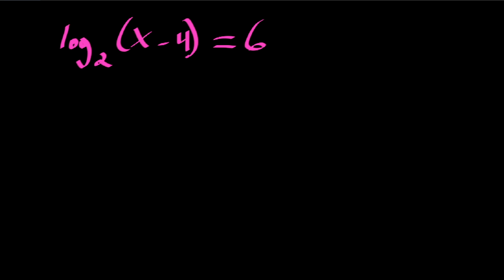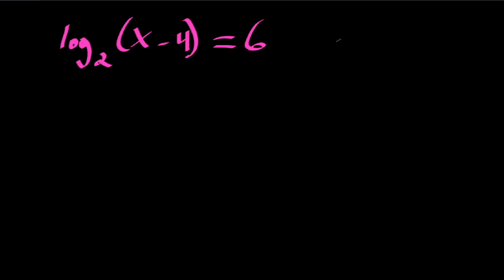So how about we do log base 2 of x minus 4 equals 6. Hopefully you can tell immediately this has to be type 2 because there's no log on this side, which means we don't have the opportunity to cancel this log base 2 out. But we can condense and isolate this logarithm, which it already is.